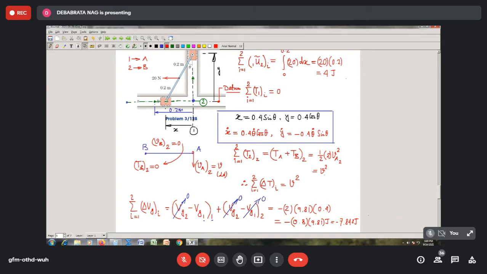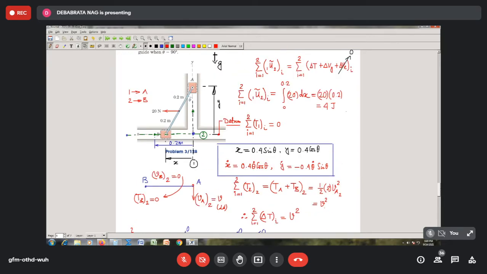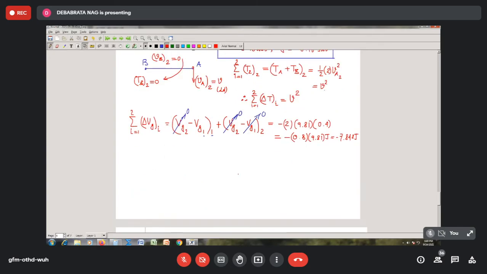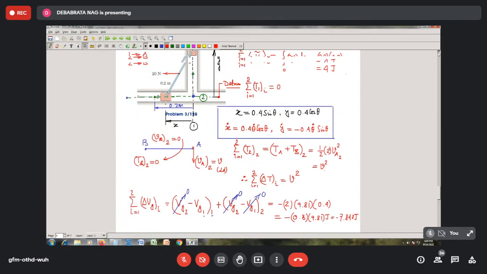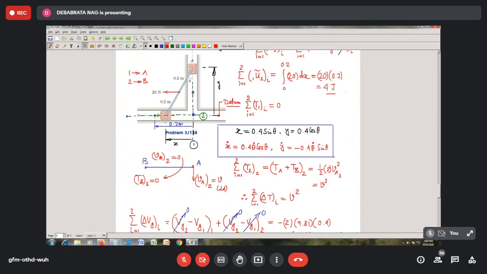So if we just recall all these things and now assemble part by part the work energy equation, the left hand side is 4 joule, which is the value that we have already calculated.